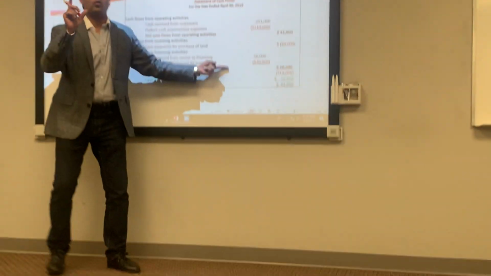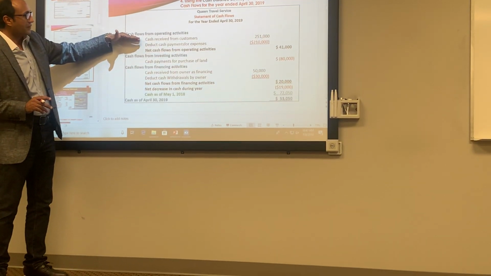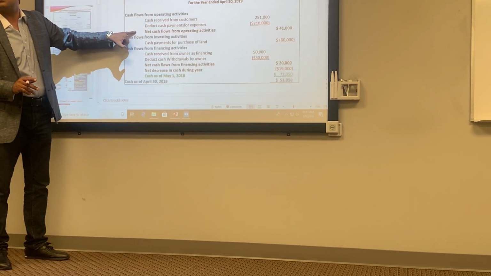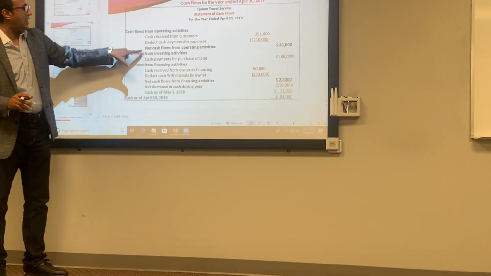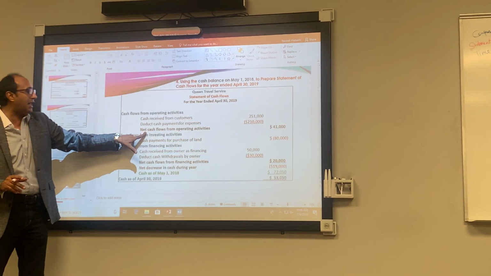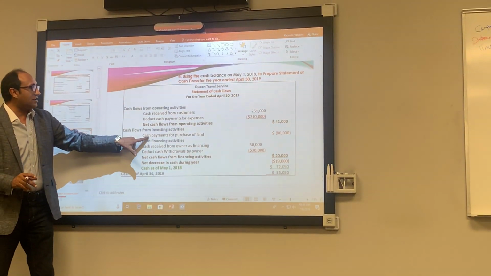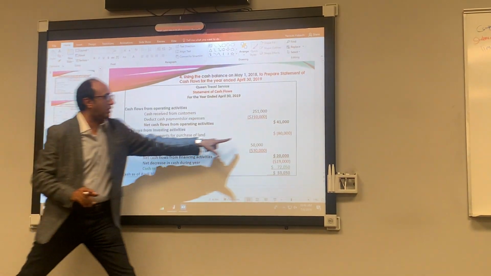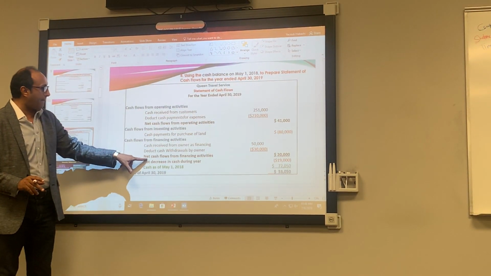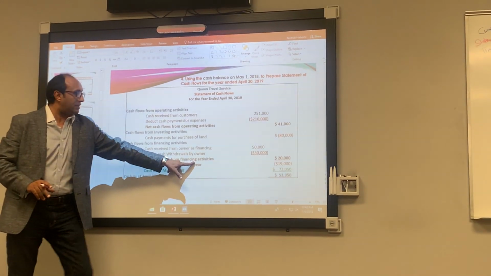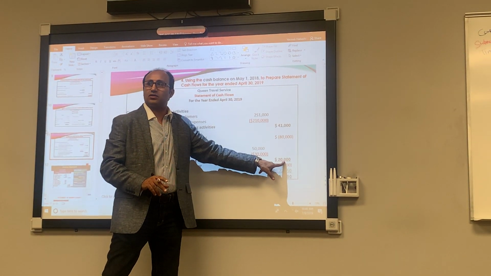As I told you, after each section you have to count and give me the total, like net cash flow from operating activities. Like this, net cash flow from financing activities. This, $20,000.